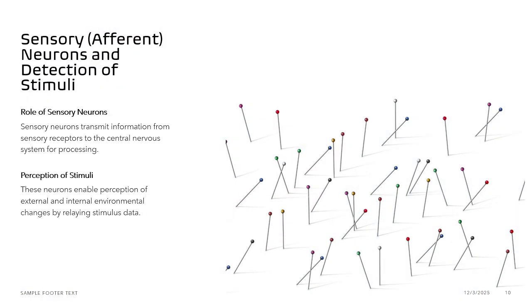So, sensory are known as afferent neurons, and they carry information from sensory receptors, hence the pins, towards the central nervous system, enabling the perception of external and internal environmental changes.